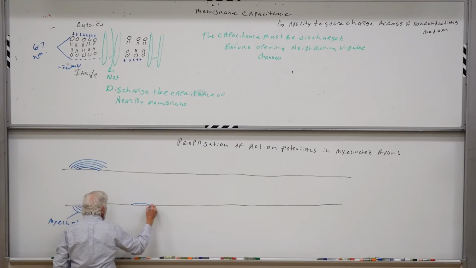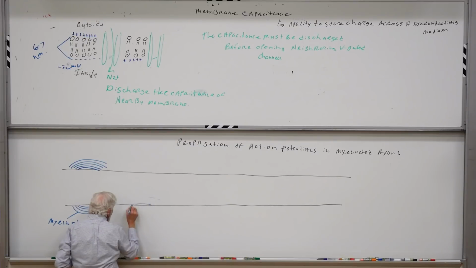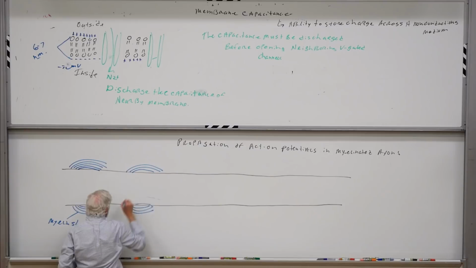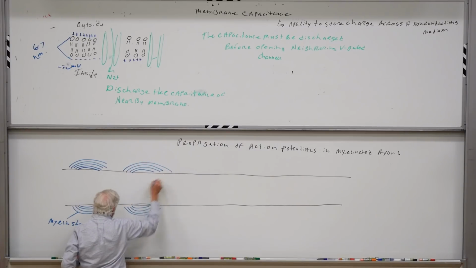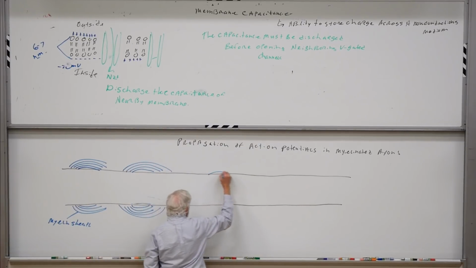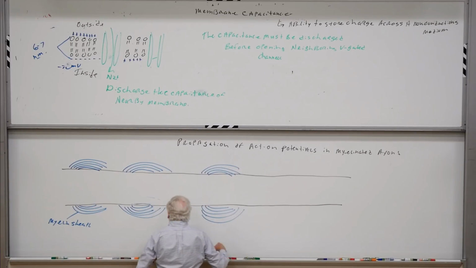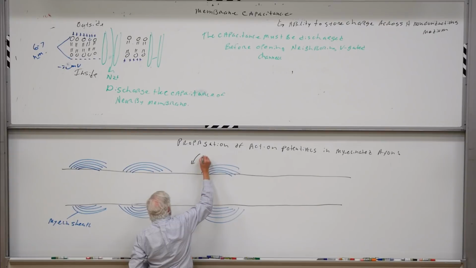And then at intervals, there are these nodes of Ranvier, where we have naked membrane. So this is the node of Ranvier.